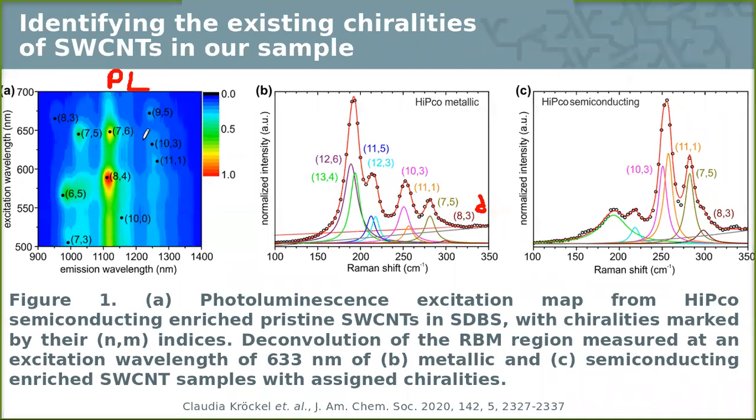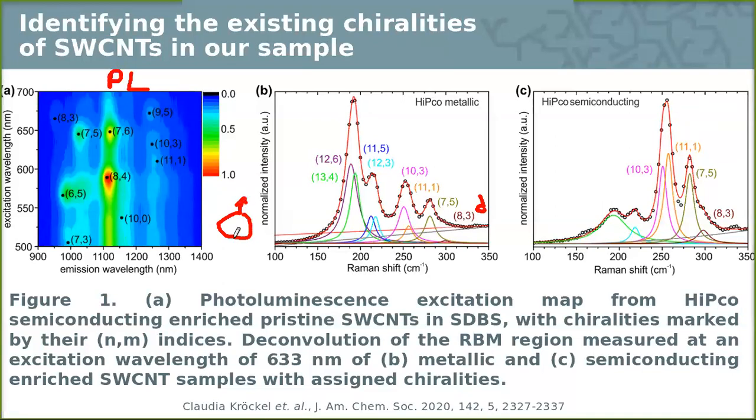The photoluminescence analysis tells us the precise carbon nanotubes present in the sample, because each of these different diameters and chiralities has a very particular excitation energy, or excitation wavelength, where they are in resonance, where the RBM mode starts to breathe much faster or larger.